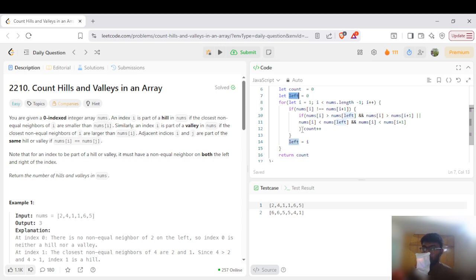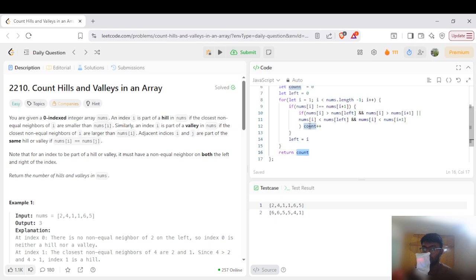And finally, we are returning the count after this core logic, which checks if they are a hill or a valley, right? And let's try submitting the solution. Let's see if this works.